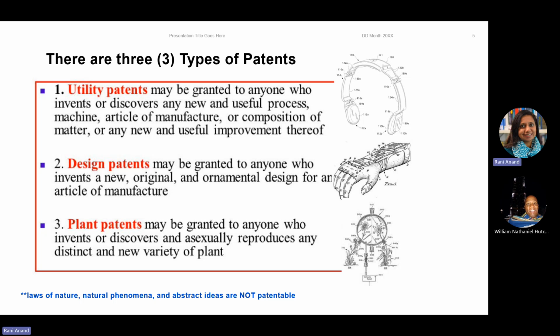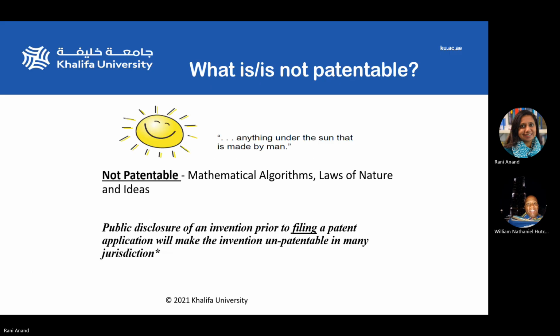And you need to remember that laws of nature, natural phenomena, and abstract ideas are not patentable. Also not patentable are mathematical algorithms, laws of nature, and ideas.